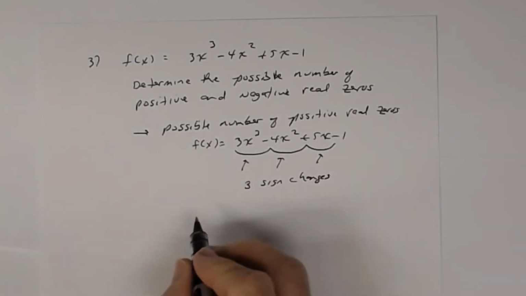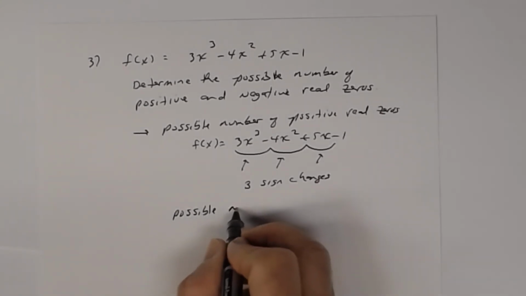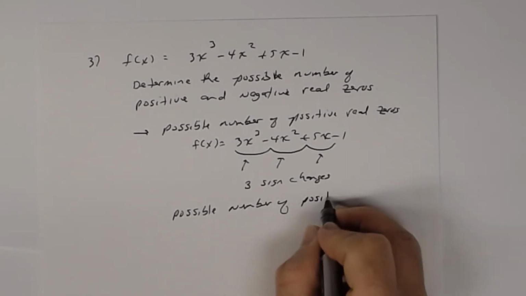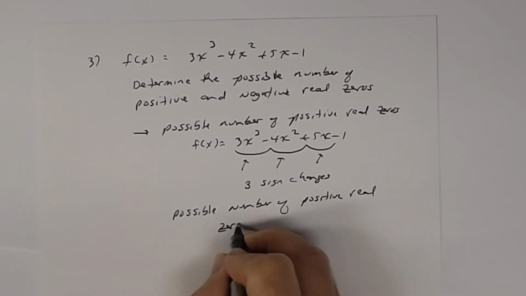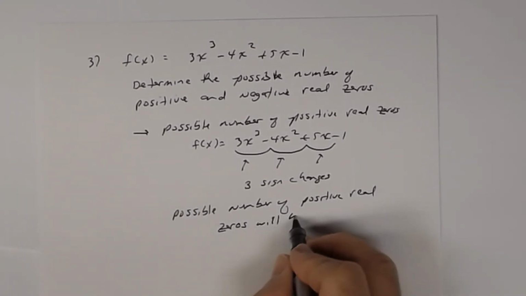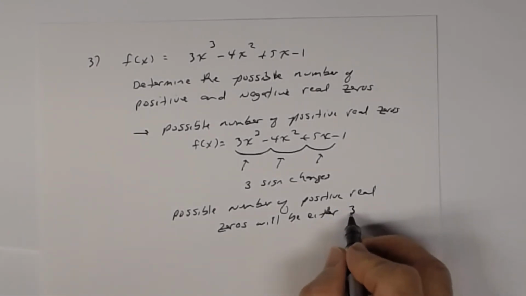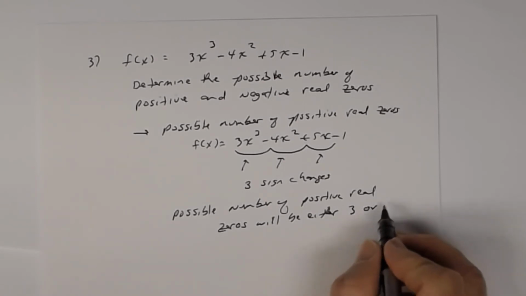So what does that mean? That means this: the possible number of positive real zeros for this function will be either 3 or subtract 2. 3 subtract 2 is 1.